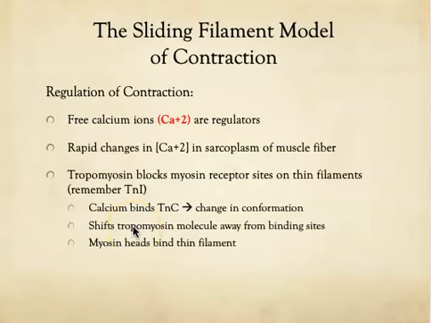Remember, troponin is bound to tropomyosin. So when troponin changes shape, when calcium binds to it, it's going to shift the tropomyosin molecule out of the way. And as long as ATP is around, the myosin heads are going to bind to the thin filament and create a cross bridge.